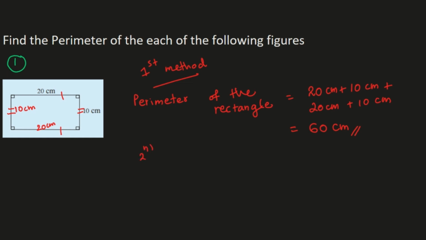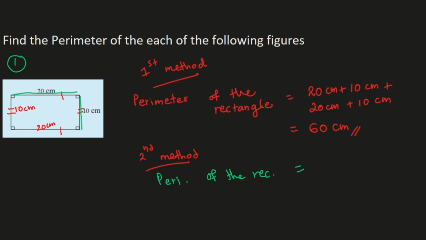Now, in the second method, what can you do? You can simply add the length and the breadth together and multiply that value by 2. Okay, then the perimeter of the rectangle will be what?